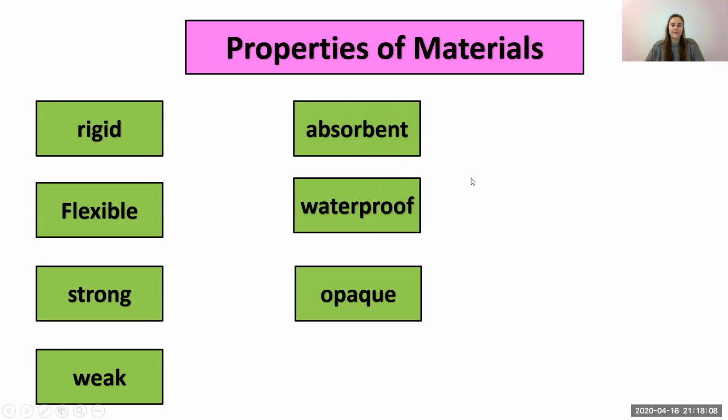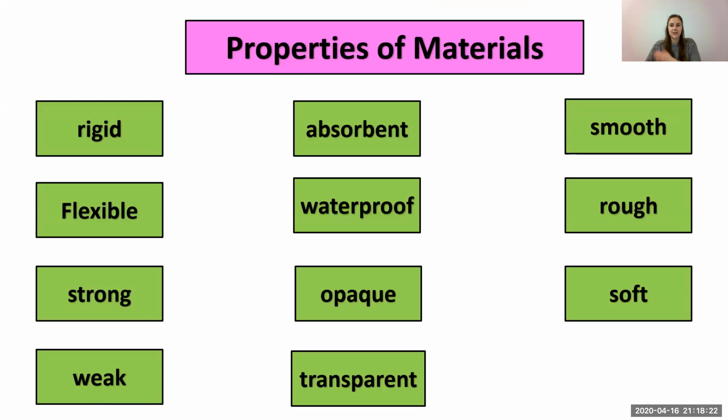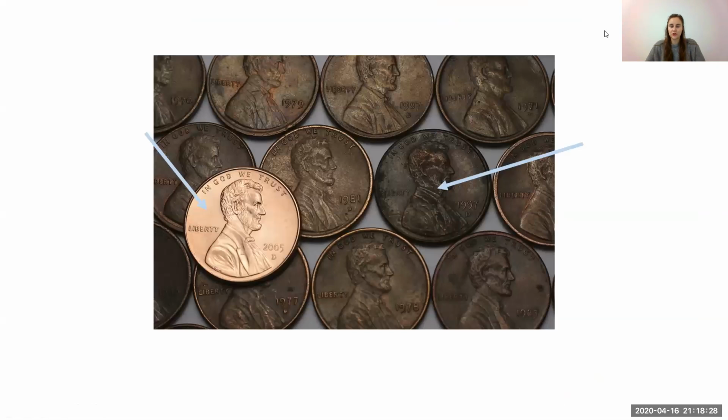Opaque. Okay, and transparent. Transparent means we can see through it. Opaque means we cannot see through it. Smooth. Rough. Soft. Hard. Okay, now we're going to show you two more.